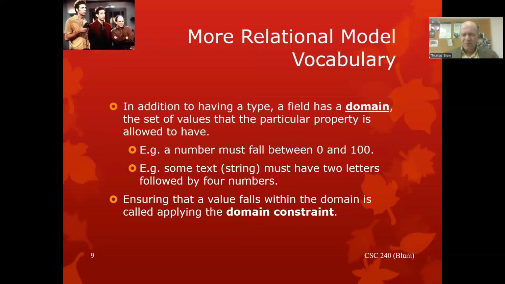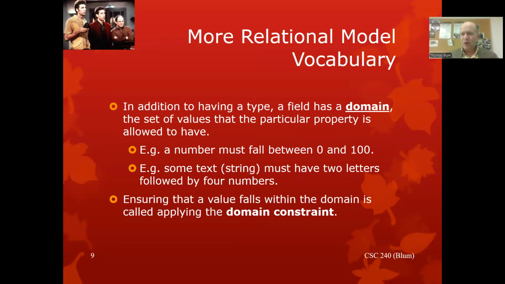We have our column, our field, and it comes to making sure that the data going in makes sense. We often define not just a type, but we can define a domain, a set of values.